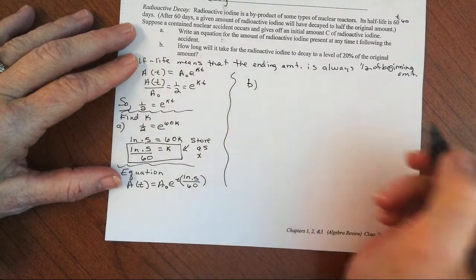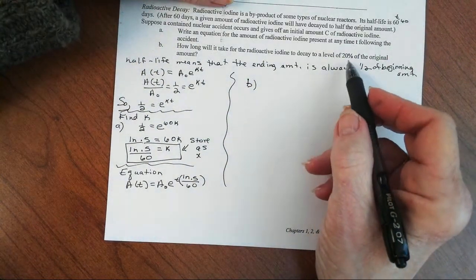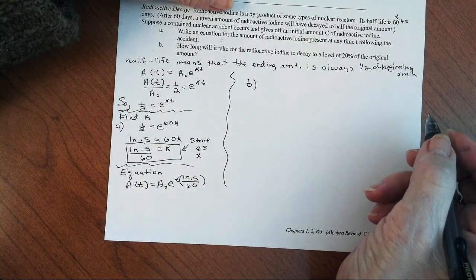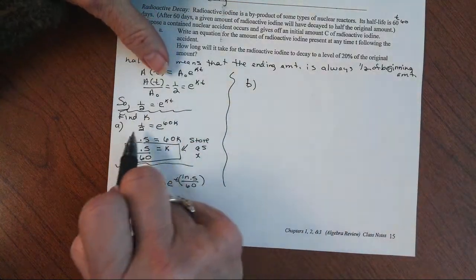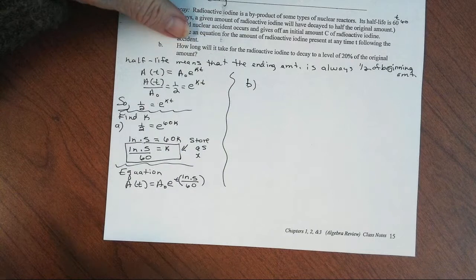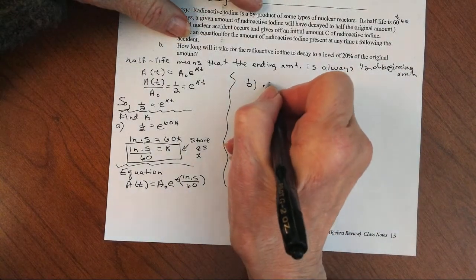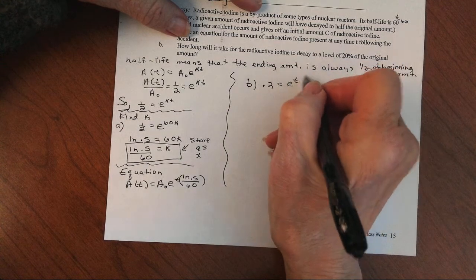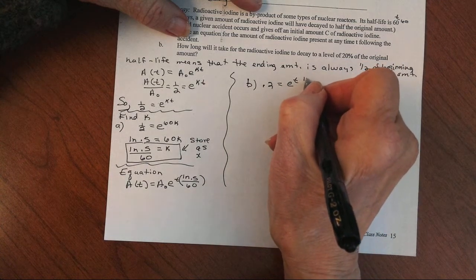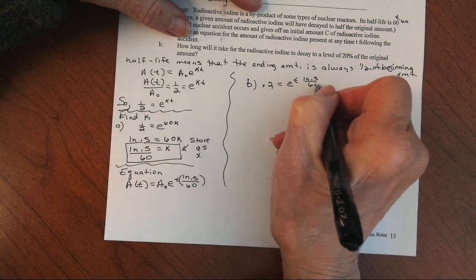How long will it take for it to decay to a level of 20% of the original amount? Well, 20% acts the same way as 50% acted. So we want 0.2 to equal e to the t times the ln of 0.5 over 60.